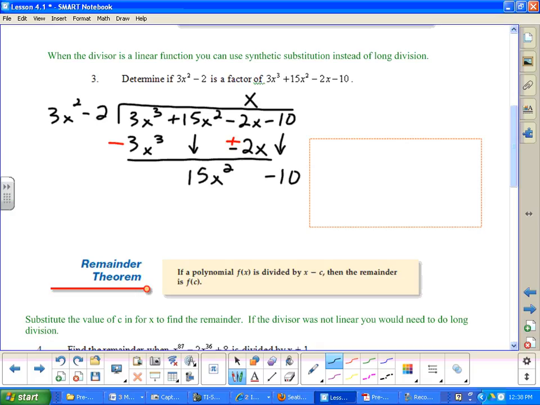What's 15x squared divided by 3x squared? Okay, so we have plus 5 here. We multiply, we get 15x squared. And look at that, minus 10. So when I subtract, that equals 0. So the answer is yes, it is a factor.